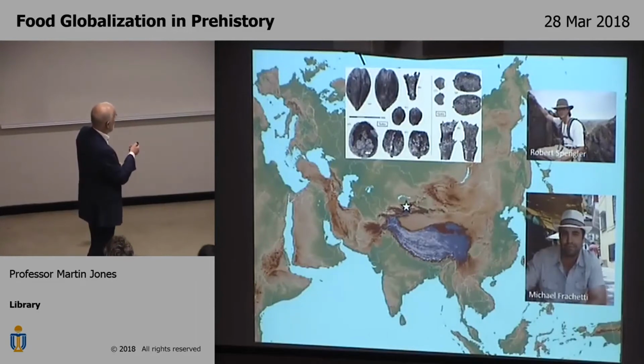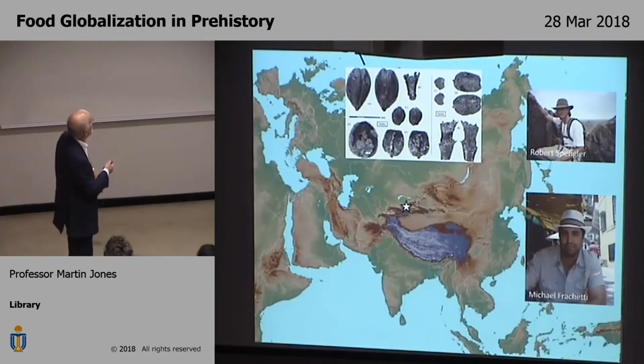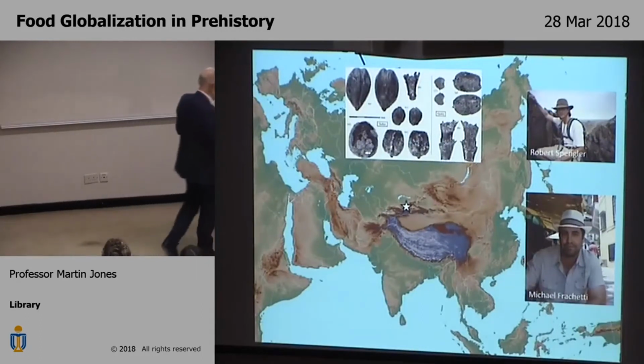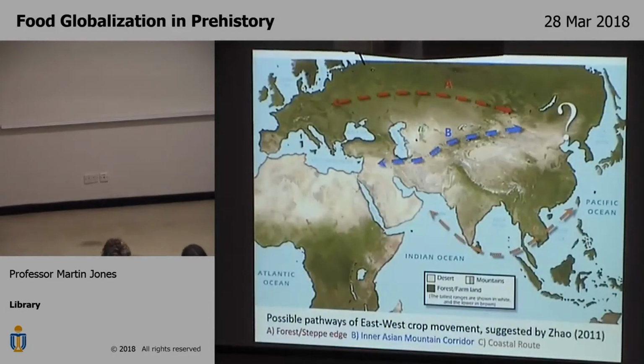A number of different groups have been doing flotation, and I've just mentioned Robert Spengler and Michael Frachetti from Washington University in St. Louis, who've done a terrific amount of flotation in Central Asia, and there you can see some wheat, barley, and millet. That's the kind of thing you get a direct date on and start piecing together a story.